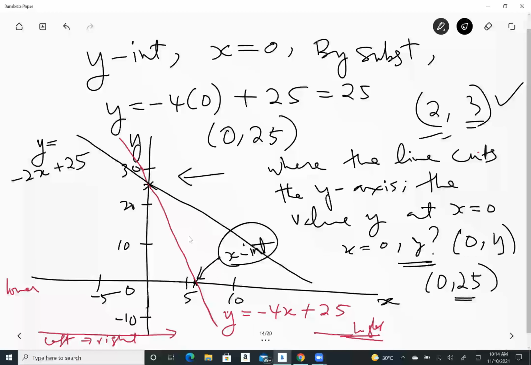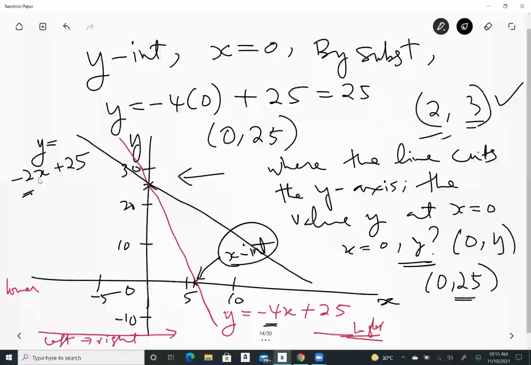Now, in terms of the value of m, which one has a higher value of m? m equal to negative 2 or m equal to negative 4? Both are negative. Which one is higher? Negative 2. Negative 2 is higher. For negative numbers, the smaller the number, it means a higher value.